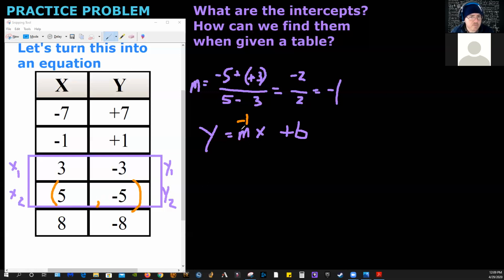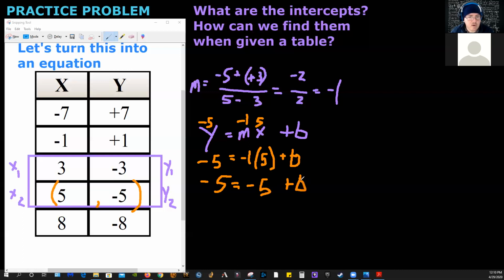So I'll put in 5 for x. And I'll put in a -5 for y and see what happens. So -5 equals -1 times 5 plus b. That means that -5 equals -5. Oh, it's 0 again. Okay.